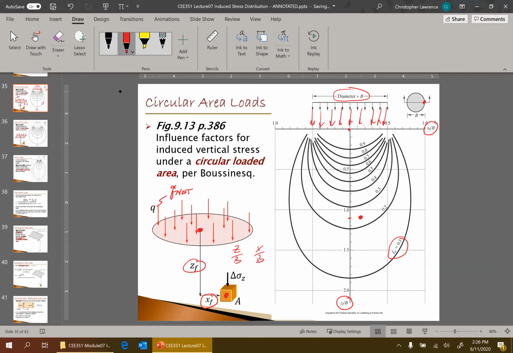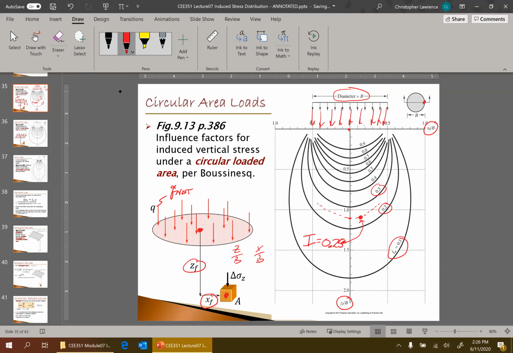I interpolate between. I imagine that there's another curve right here. In this case, it's almost halfway between 0.2 and 0.3. I might be able to say I'm estimating I is equal to 0.25, estimating between the influence curves.